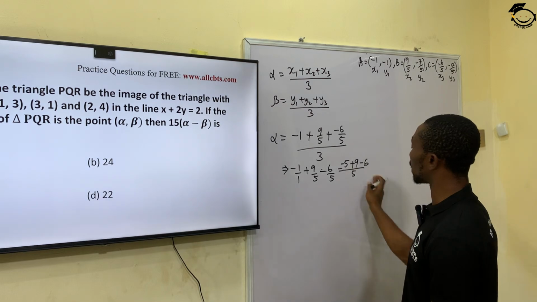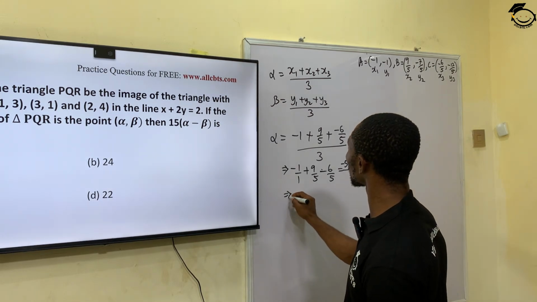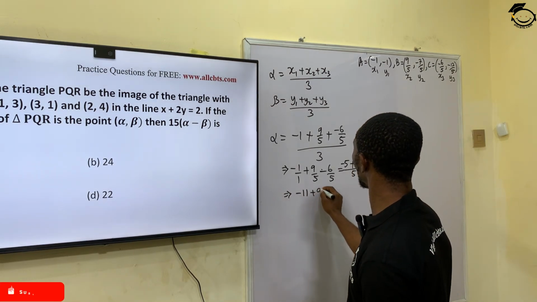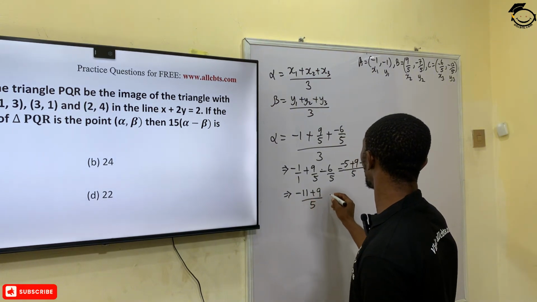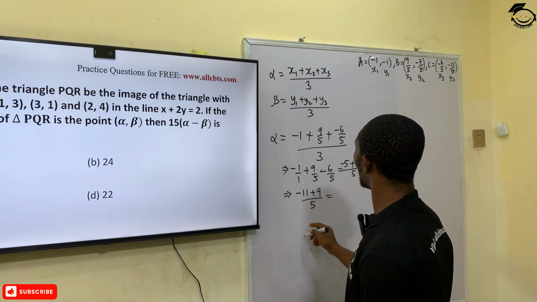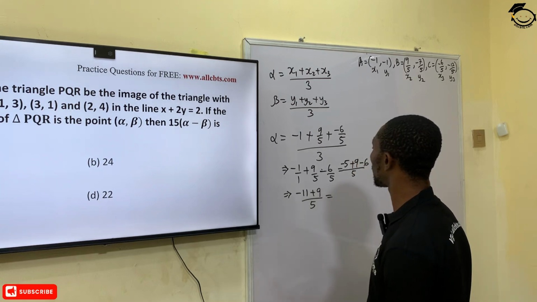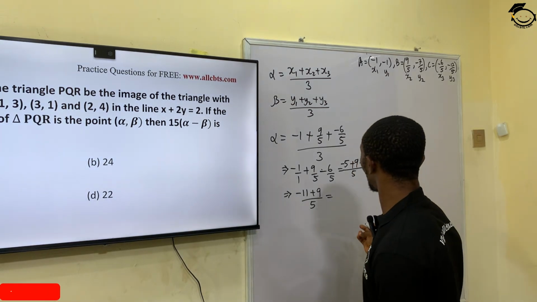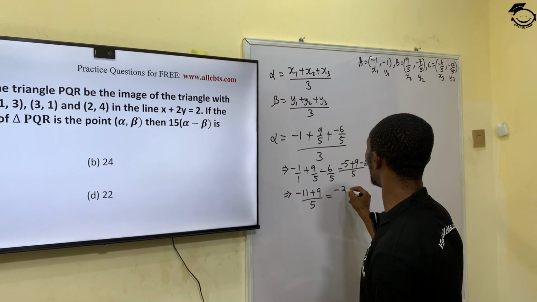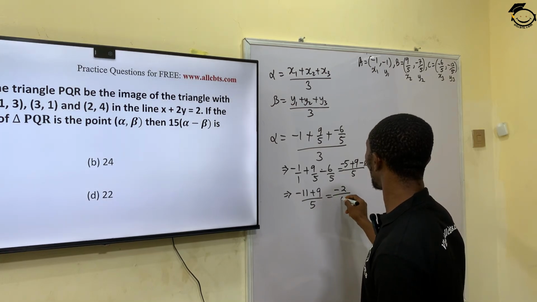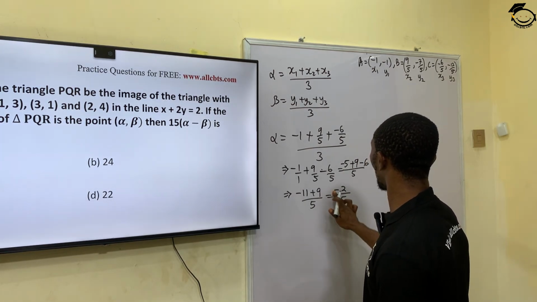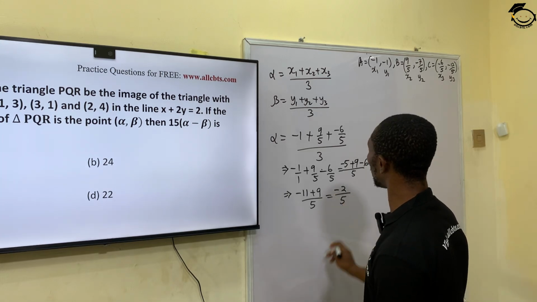So this gives us minus 11 plus 9 over 5, which will give us minus 2 over 5. That's for our numerator.